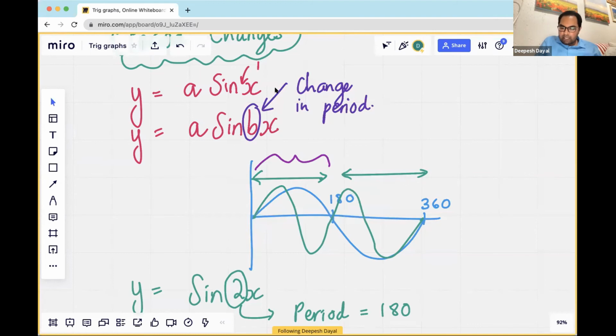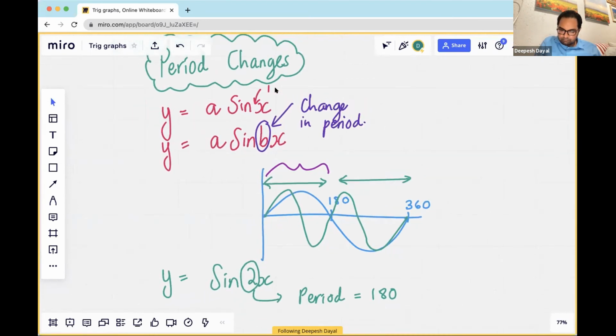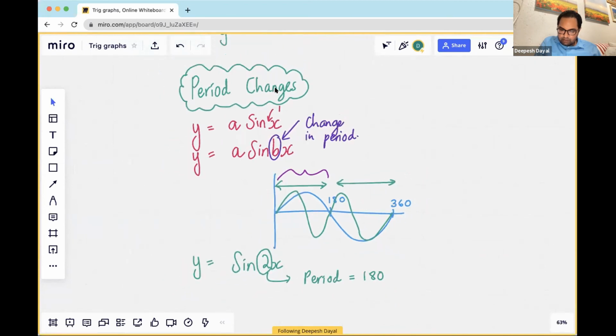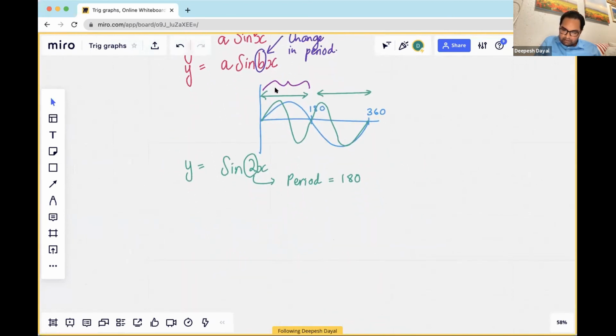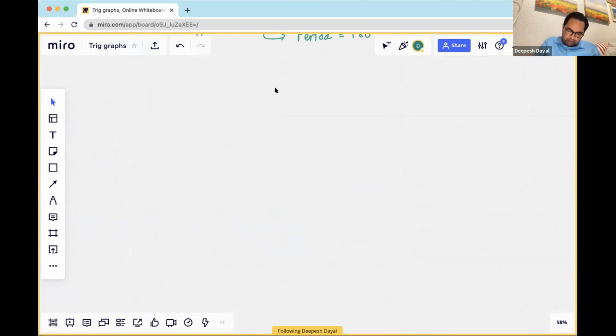Okay. And the last change I'm going to look at today is the shifts in the graph up and down and left and right, right? So the next one is the movement left, right, or the graph moving up or down.